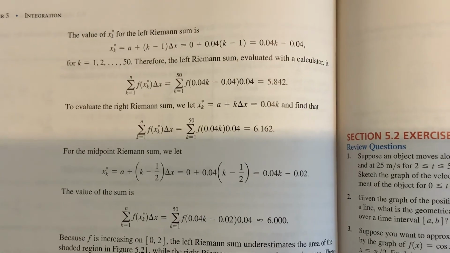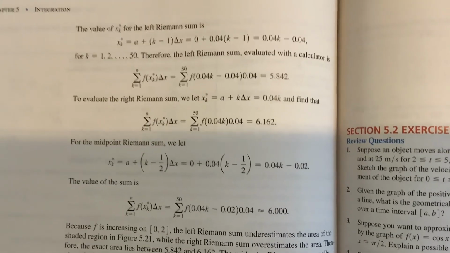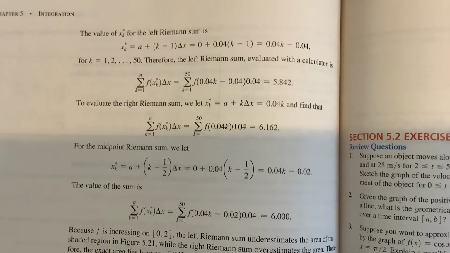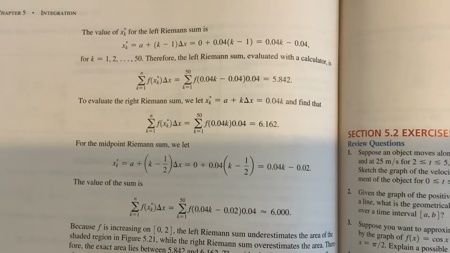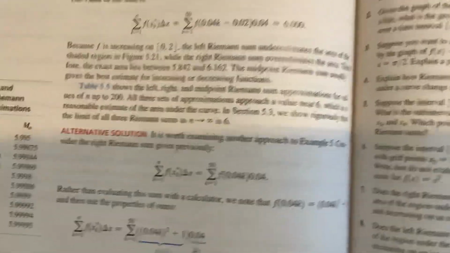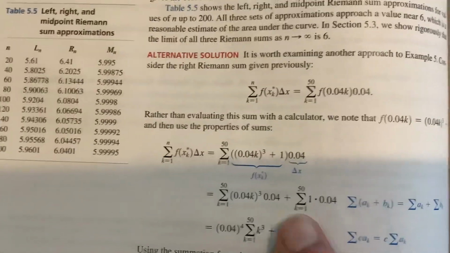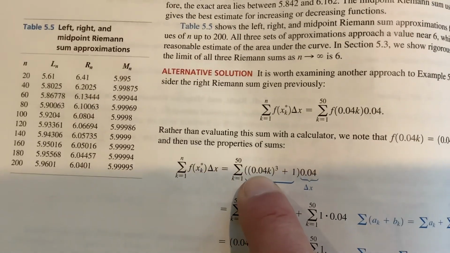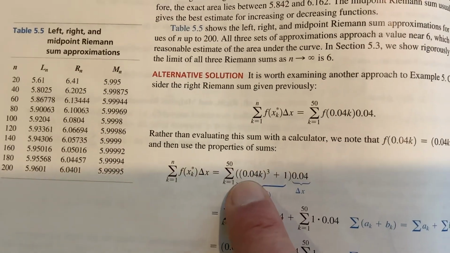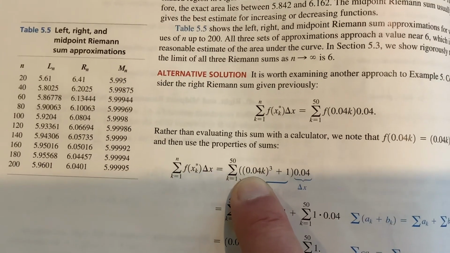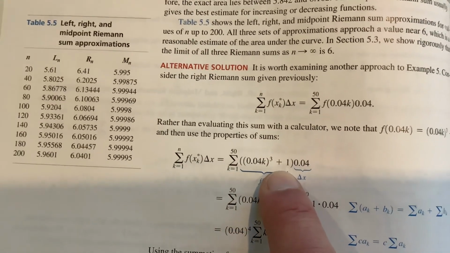Again, you have to type it in as x cubed plus 1, but instead of just x cubed, you're going to say 0.04k cubed. That's what they're doing down here. What are we plugging in for x? This thing that we just found, our x star sub k, cubed plus 1.